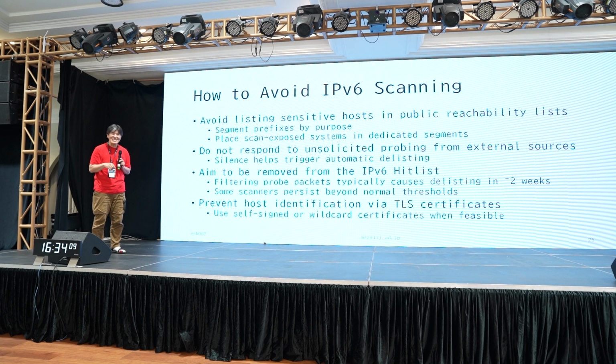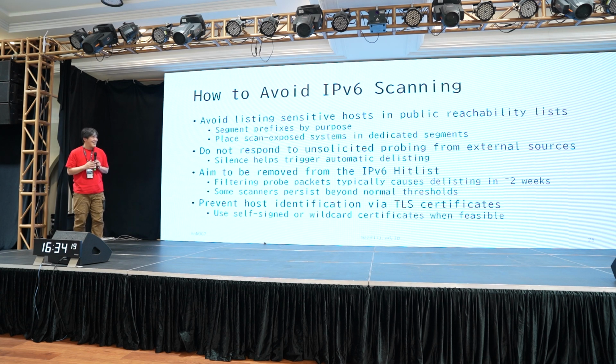Or maybe it's time to change your prefix, because in IPv6 we have much address space, right? And if you need a TLS certificate for your sensitive host, then maybe you need to think about a self-signed or wildcard certificate when feasible to hide your TLS.